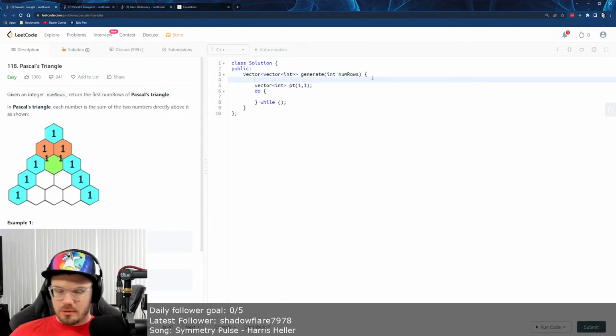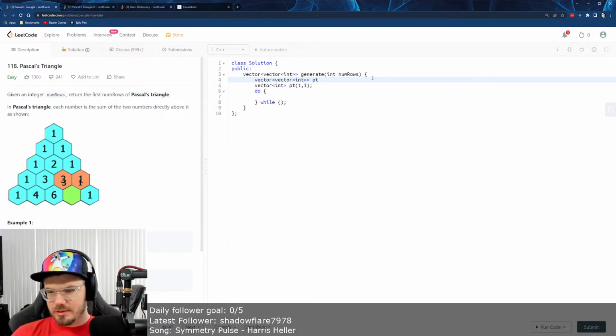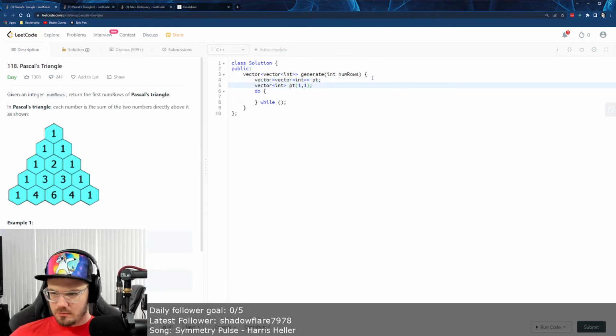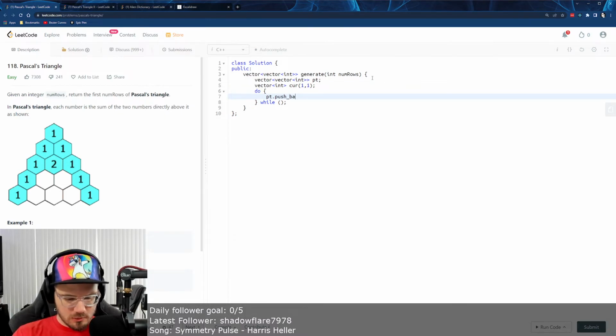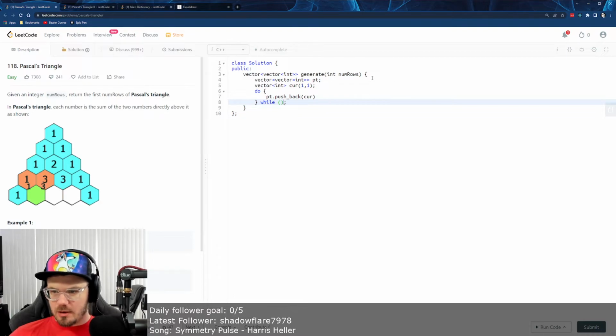So it wants a vector of vector of ints, so that's actually going to be the PT, my bad. So we'll have our vector of int current with 1. So do while. First thing we're going to do is pt.push_back cur. Pretty sure that's going to push back a copy.